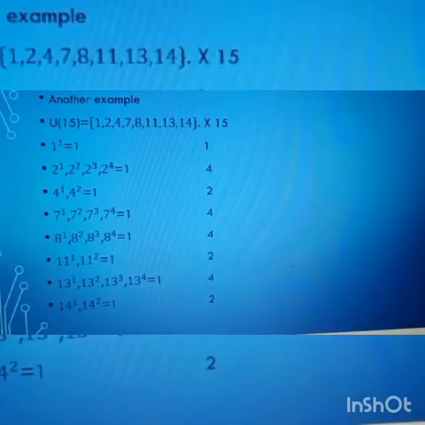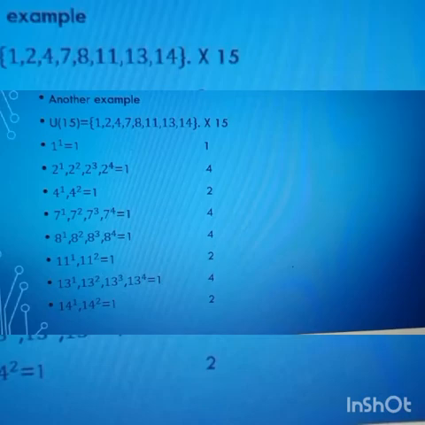Let's proceed to the second example. U of 15 is the set with the elements 1, 2, 4, 7, 8, 11, 13, and 14, under multiplication modulo 15. Let's start with the element 1. 1 to the power of 1 is equal to 1, which is the identity.